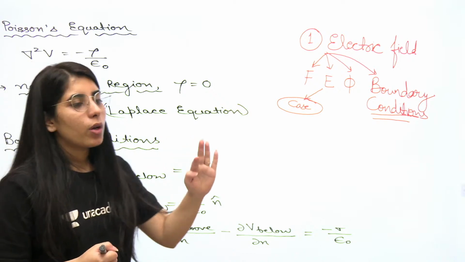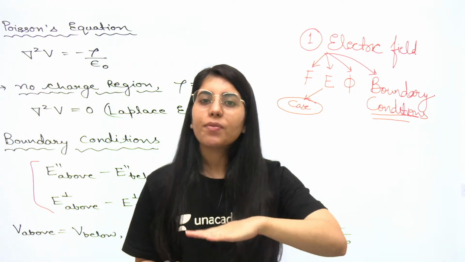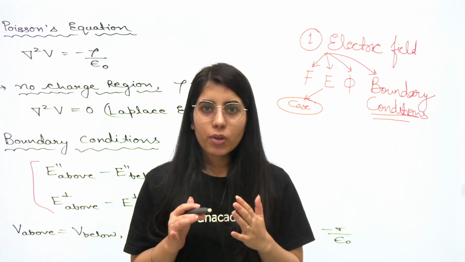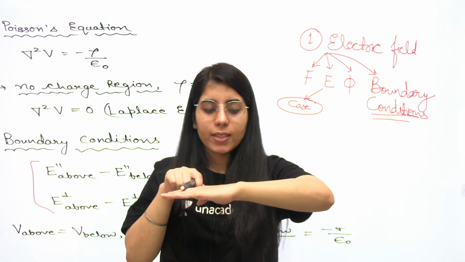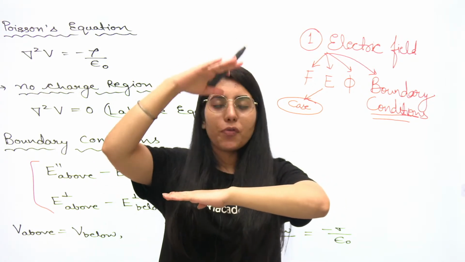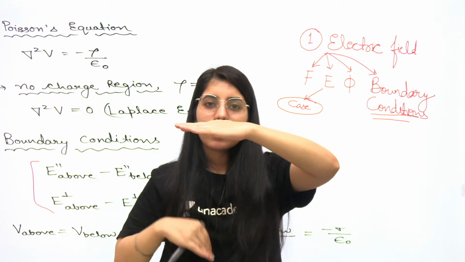See, anytime you have a boundary given in a system, let's say this is a boundary, above this boundary there is a different medium and below this boundary there is a different medium.